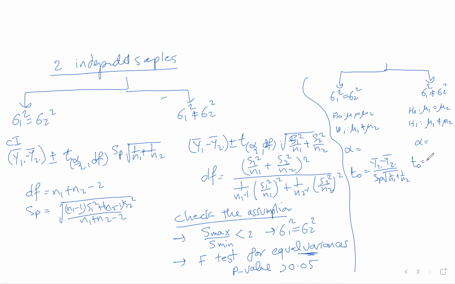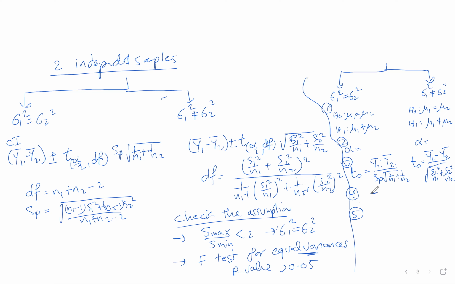But if you assume unequal variances, it is y1 dot bar minus y2 dot bar divided by the square root of s1 square divided by n1 plus s2 square divided by n2. The fourth step is the same, p-value. The fifth step is the same.